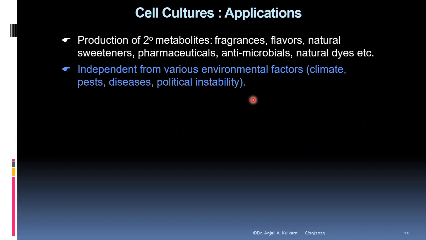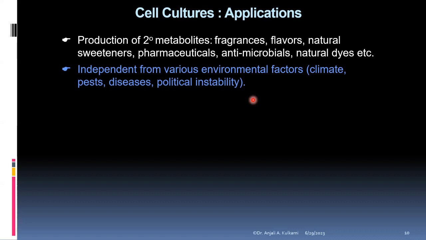So again, as I keep on telling my MSc students, you need to have a very good logic why you want to start any type of tissue culture experiment. One of the reasons can be that your product has to be very climate friendly, because currently that has a very high impact.